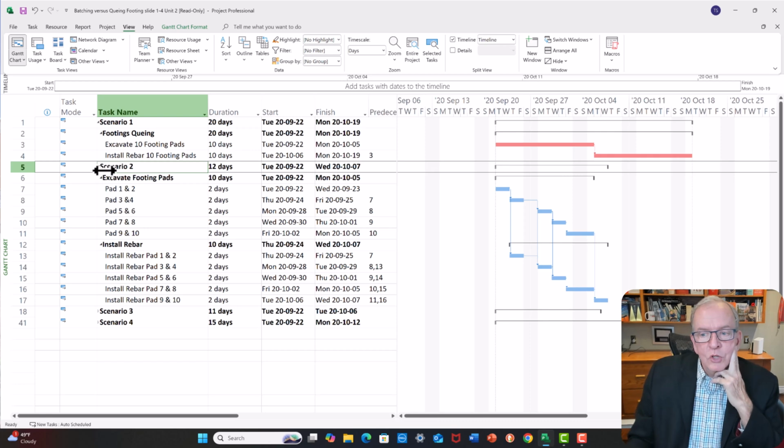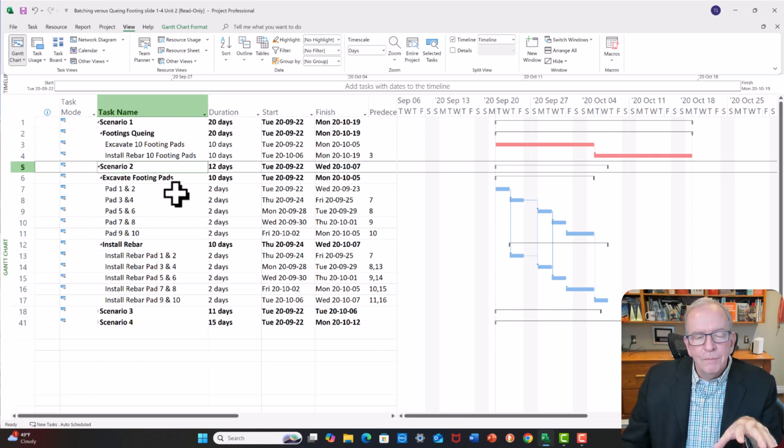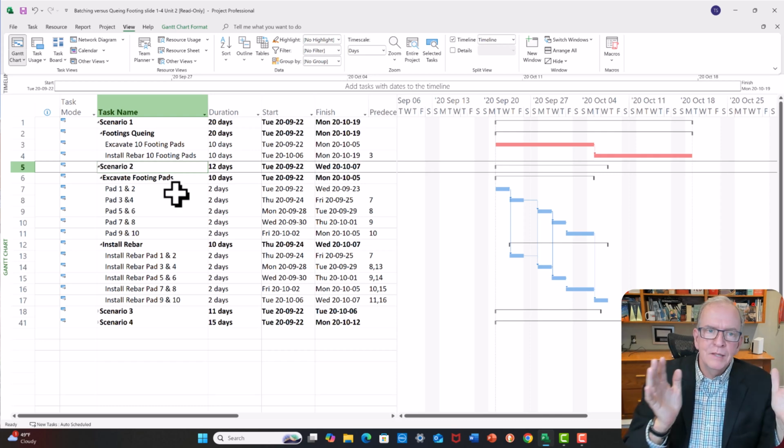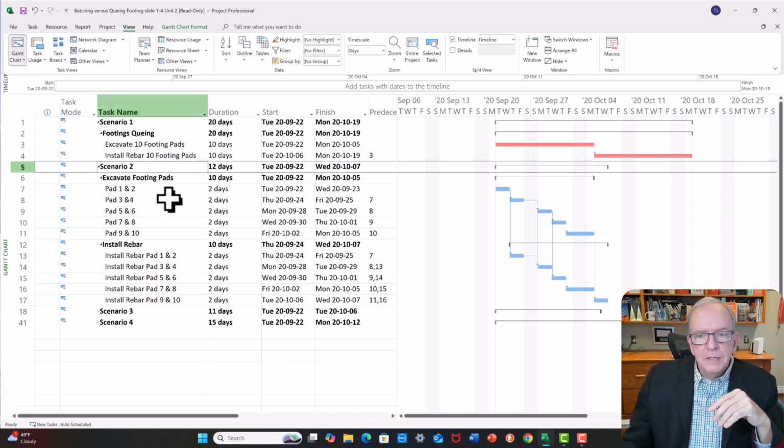So in scenario 2, what we want to do is break that up. Remember, I had those 10 footing pads, and we want to do 2 at a time. So we want to excavate 2, and then we want to form 2. And so what's going to happen is that the excavation sub is still going to be there 10 working days, right? That hasn't changed, right?